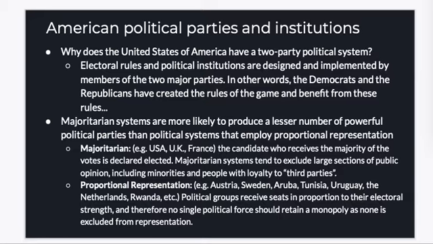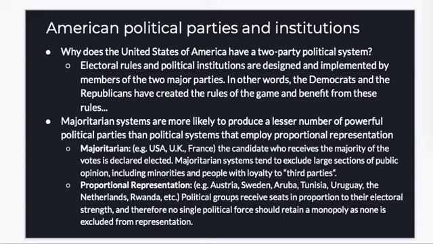They've wondered why in some democratic countries, really two major dominant parties emerge and control elections and government, whereas in other countries you see maybe 5 or 6 political parties that are viable and have a competitive opportunity in elections. So why does the US have a two-party political system?